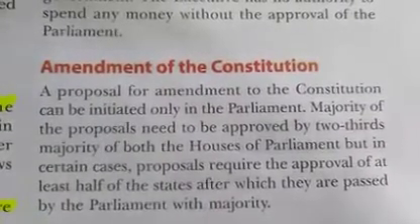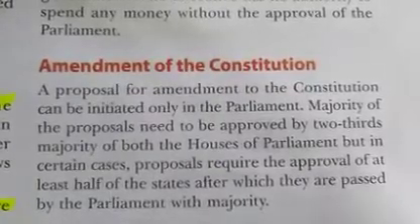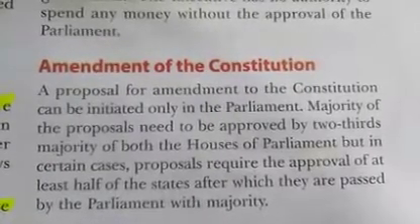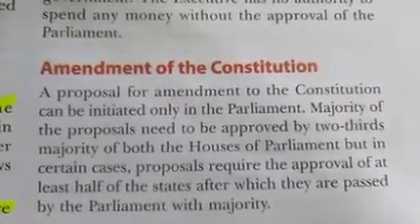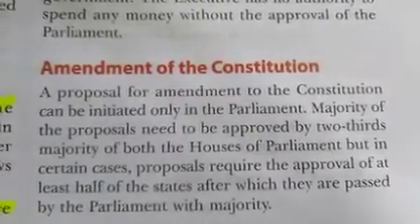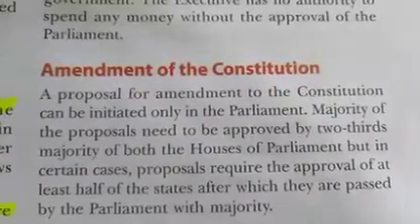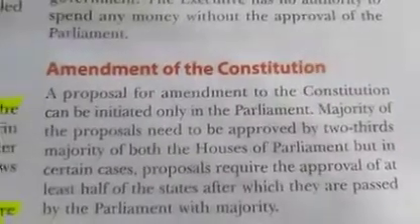Majority of the proposals need to be approved by 2/3 majority of both the houses of Parliament, but in certain cases proposals require the approval of at least half of the states, after which they are passed by the Parliament with majority.